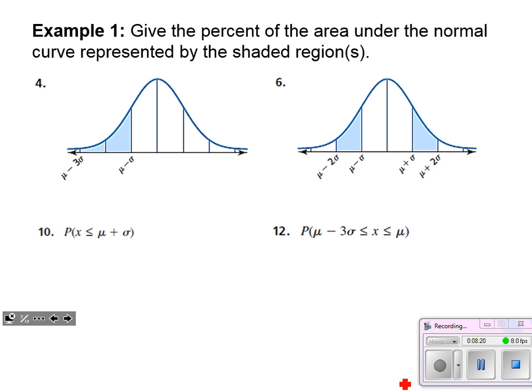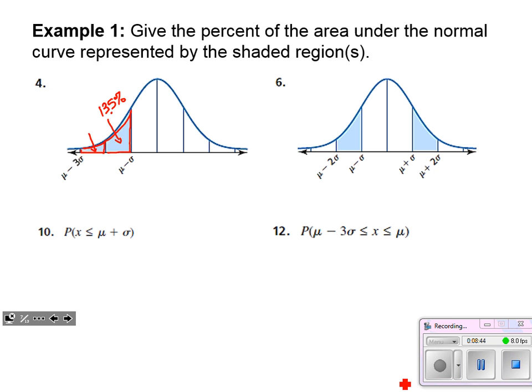So for number 4, we take a look. I've got this little wedge and this little wedge. So I'm going to relate that to the diagram that we had just on the previous slide that says that this wedge over here that is 2 standard deviations away is 13.5% of the area.